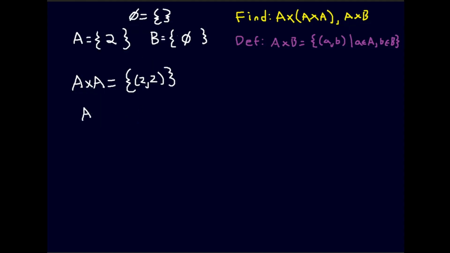Now, if we want to find the Cartesian product of A and itself, and I know I'm saying the letter A a lot and Cartesian product a lot, all I'm saying is the set of all ordered pairs that are possible to be made. So right now there was only 1 for A and A. For 2, we're just taking that original set 2 and we're finding the Cartesian product of that and of this ordered pair, which is just 2. Sorry, I forgot the bracket. 2, 2, 2.